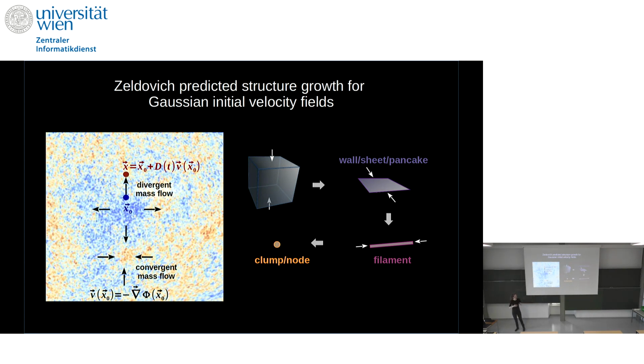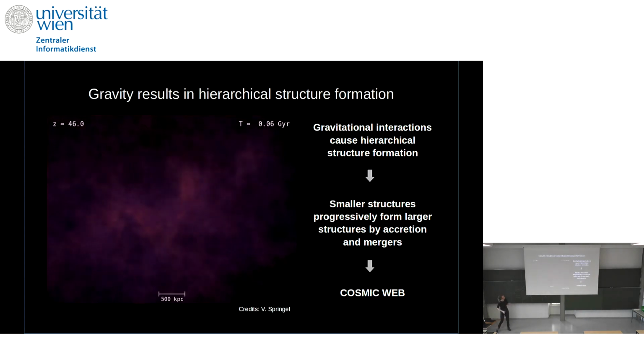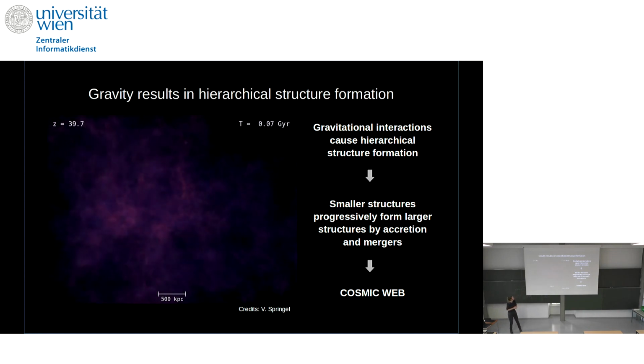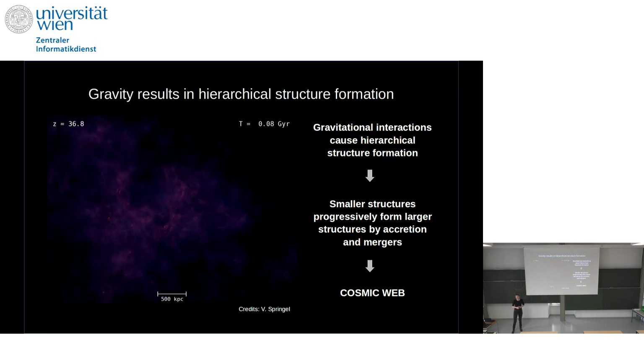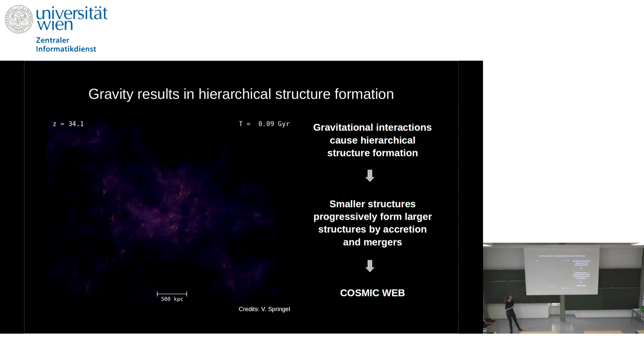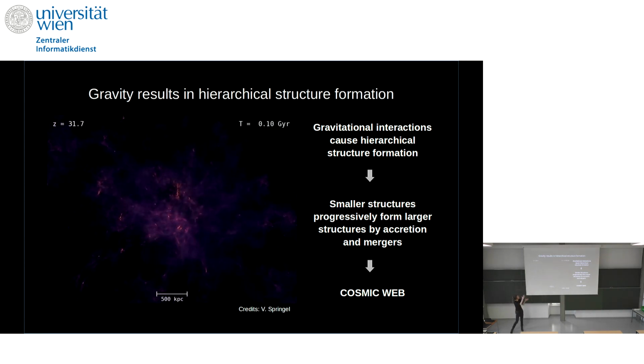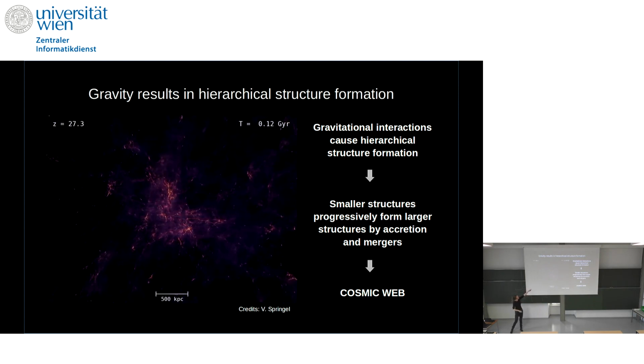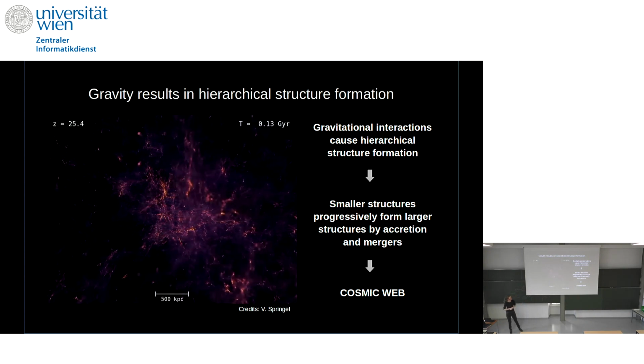Eventually in the third one, you form clumps and nodes, and that's where the galaxies will start forming. To give us a better idea, here it starts pretty much in the dark, but here you can roughly see what's going to happen. You have a pretty homogeneous gas cloud in the beginning, and then you start seeing first the sheets collapsing into filaments, and here now you already see the first filaments approaching.